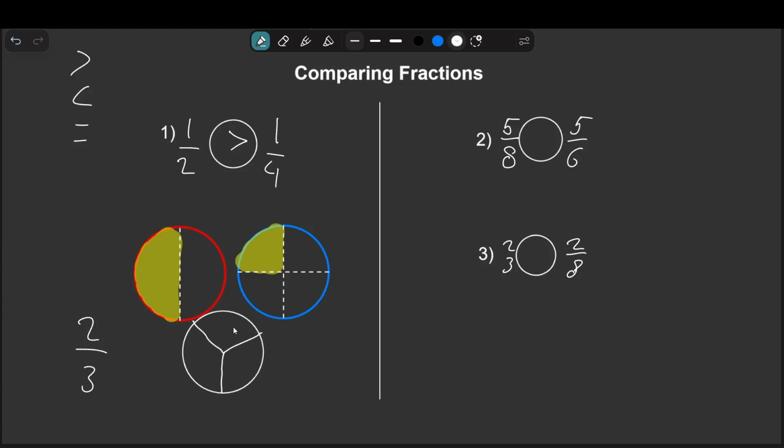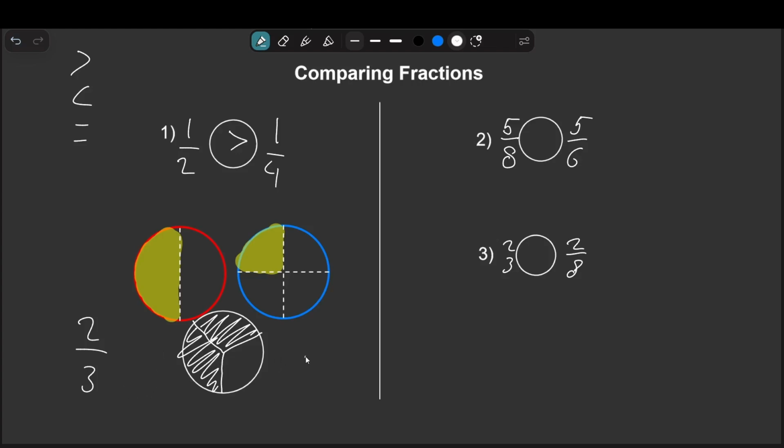We have three equal parts and we have two of the three left. So 2 of the 3 will be these two parts we have left. This one is already, let's say, eaten. If it was a cookie, this one is already eaten, and we have these two parts left.